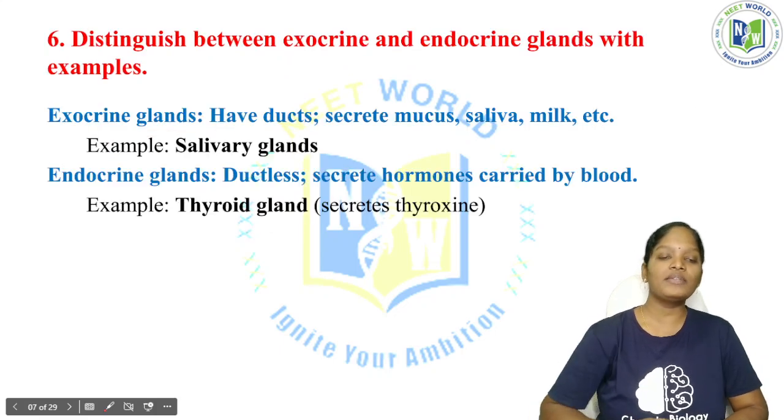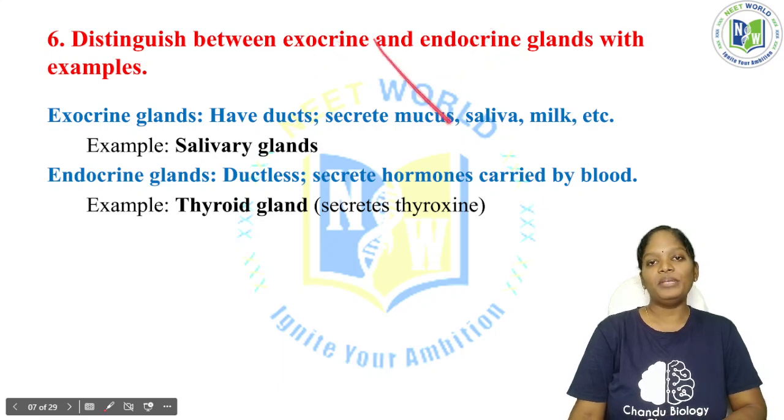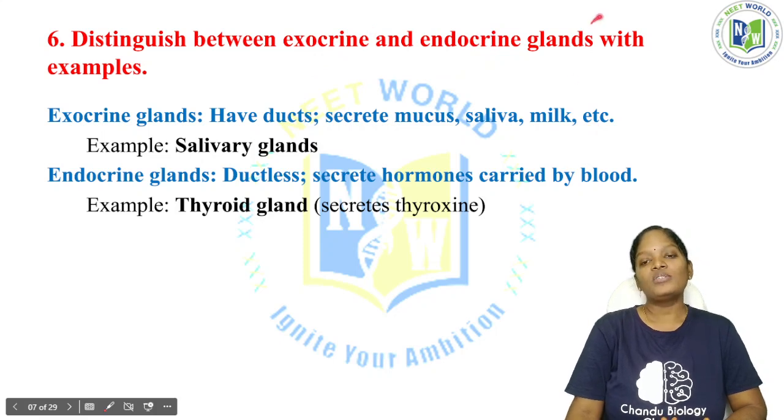Now the sixth question will be, what is the difference between exocrine and endocrine glands? A gland secretes something, it may be a hormone or any other secretion, which has to be sent to the destined area.